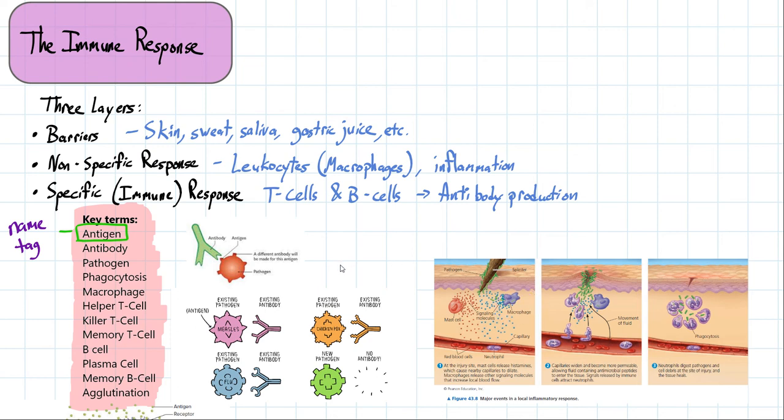So if they see an antigen they do not recognize, a macrophage will eat it. This is non-specific. It doesn't matter if they've really seen it before, if it's dangerous, not dangerous. This is going to happen. The macrophage then calls over a series of cells, starting with helper T cells, to begin the specific immune responses, which has the most number of steps. That's the part you're probably going to want to study the most.